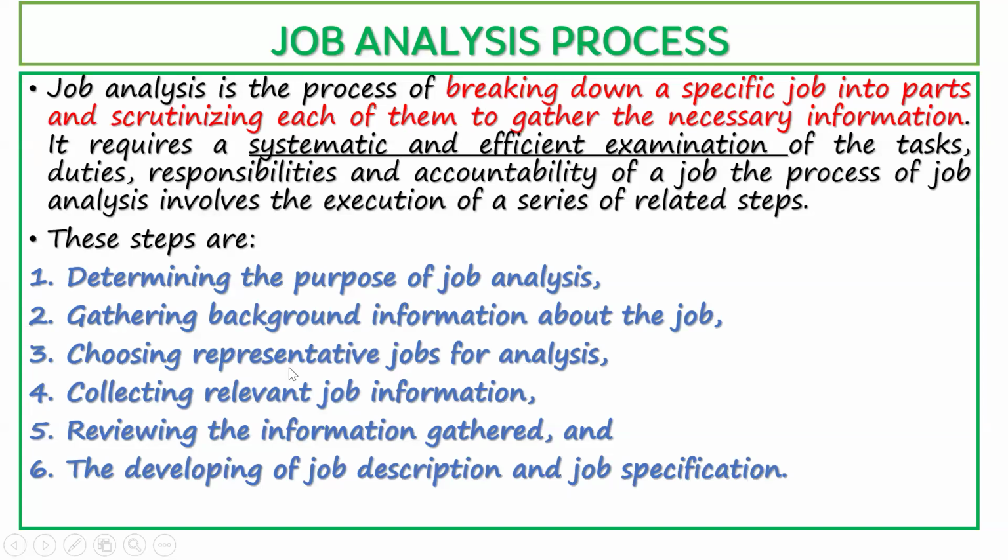Number 3, choosing representative jobs for analysis, then collecting relevant job information, reviewing the information gathered, and lastly, development of job description and job specification. So this is what is involved in job analysis. So number 1, let us start quickly.